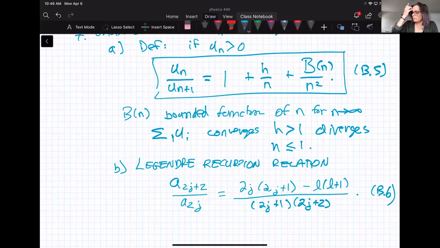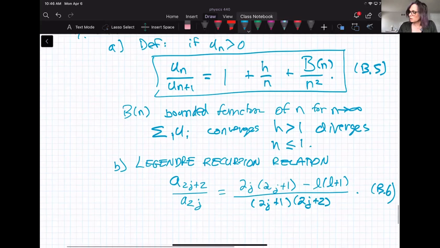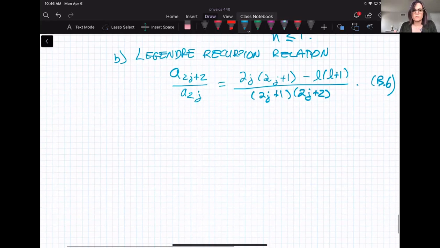Okay, so that's just the definition of the recursion relation for the coefficients for the Legendre polynomials.